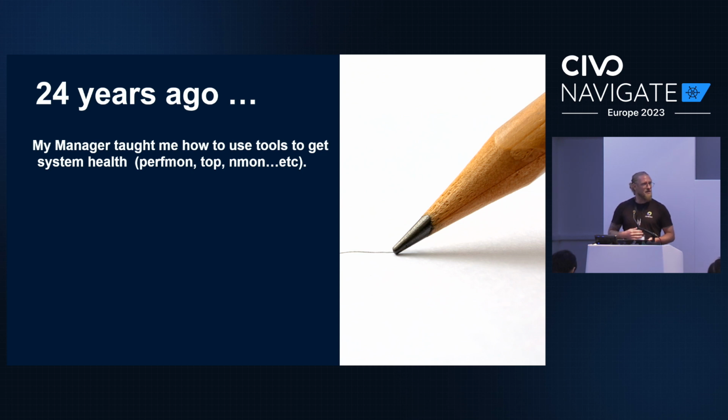I went to an organization and they said, today we have an environment, a couple of servers, we have a web server, and I want you to represent the environment. I said, cool, I'm going to draw. At that moment, 24 years ago, we were using tools like Nmon and Top. I'm pretty sure you know those. They are very precise, but they give you data points.